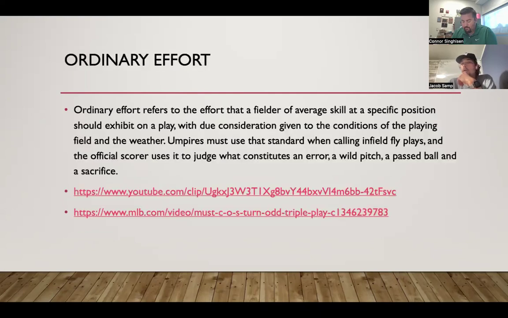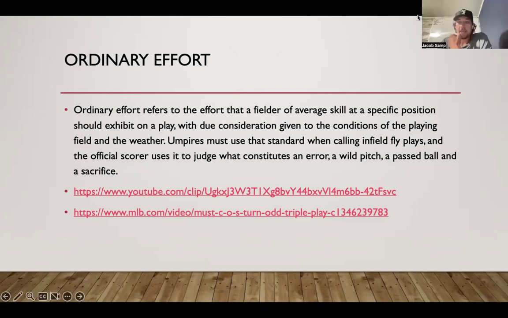All right, let's talk ordinary effort. The NFHS rulebook does not define what ordinary effort is, so we're going to borrow the definition from the official baseball rules. I'm not going to read this to you word for word, but it's the average skill of an average player at that level, with due consideration given to the conditions of the playing field and weather.